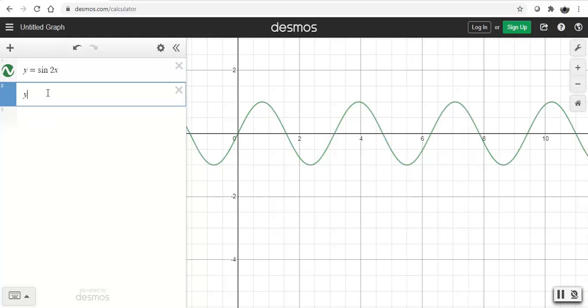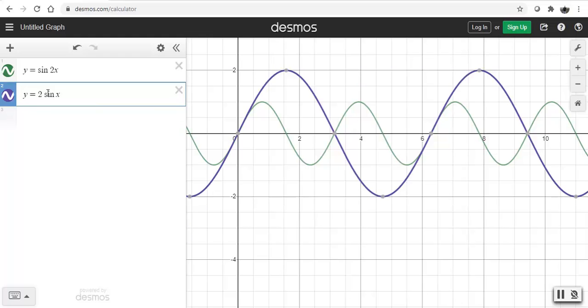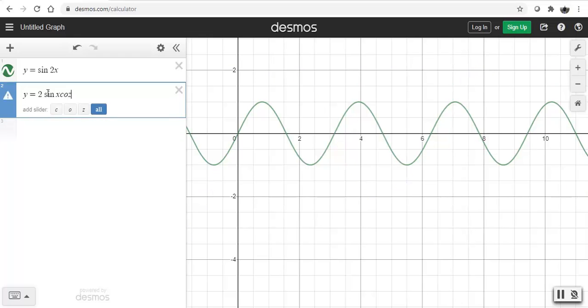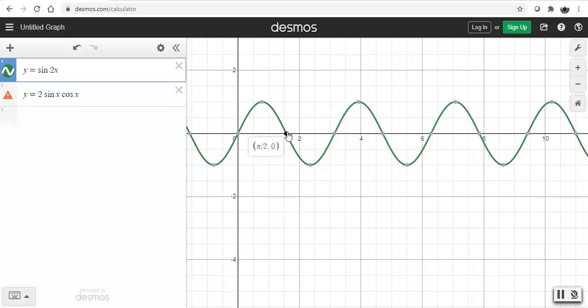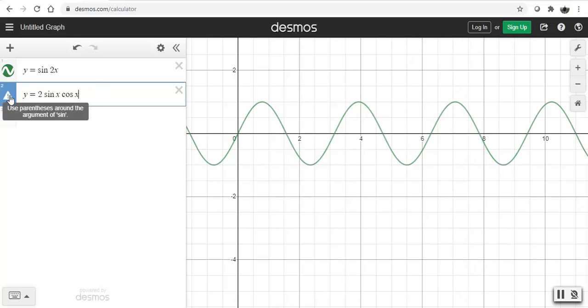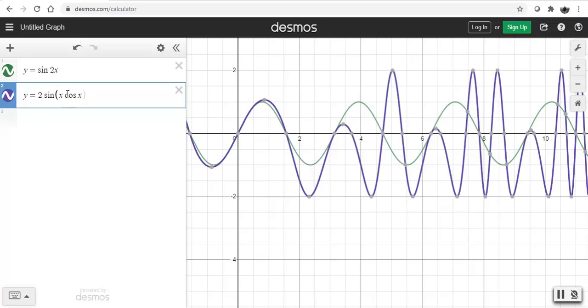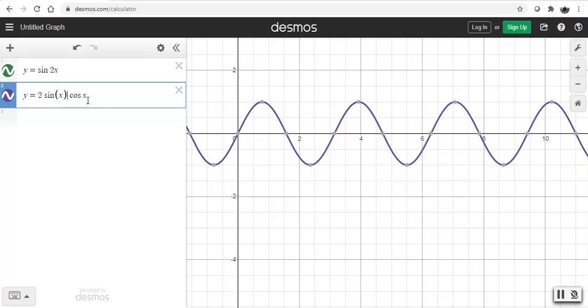But if I rewrite it as 2 sine of x and then cosine of x, it's in fact the exact same equation. So in this case, these two equations are the same based on just their graph.